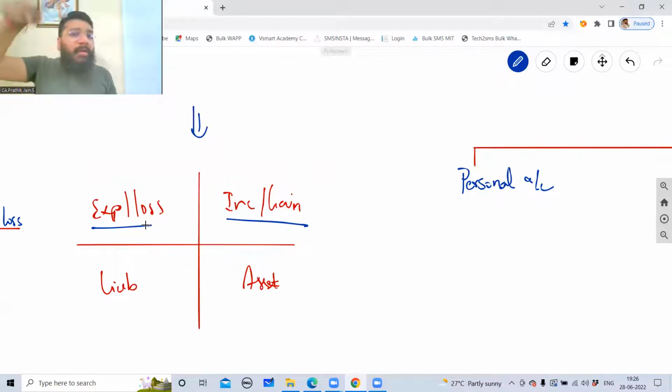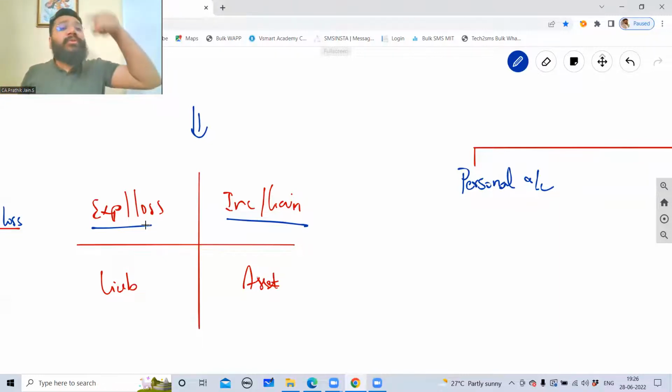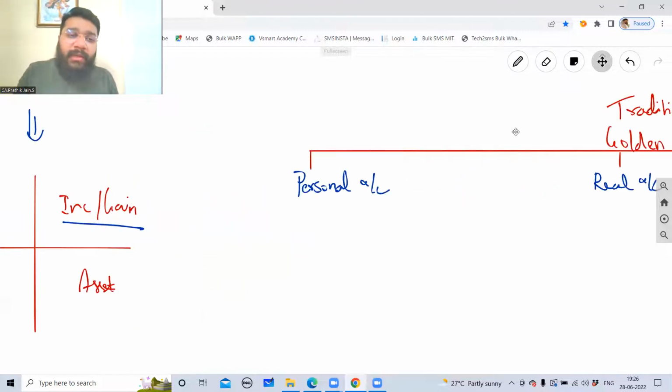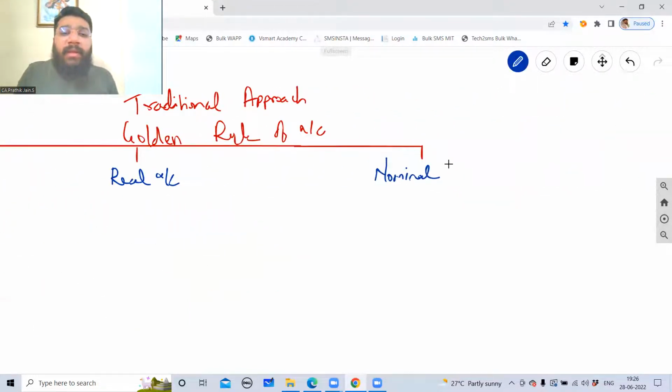We are making an announcement that all the accounts, all the transactions standing there, if you are income, gain, expense or loss, please raise your hands and come to me. Come to whom? Nominal account. So all the accounts which are in the nature of income, expense, gain, loss will rush towards the nominal account.